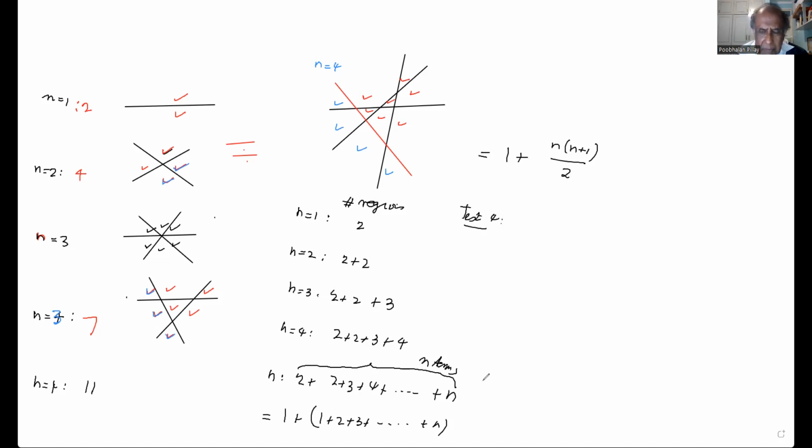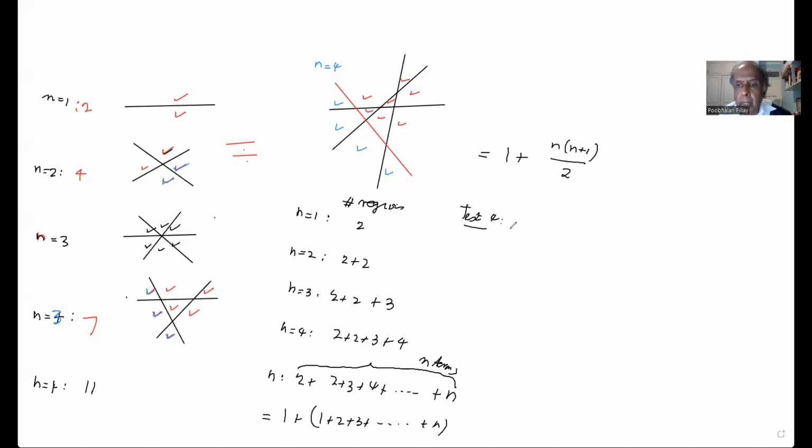You have n terms. So if you try n equals 4, you have 1 plus 4 times 5 divided by 2, and that's 1 plus 10, which is 11. So you see it works for n equals 4, and it will work for all the n's. So that's the answer to that question.